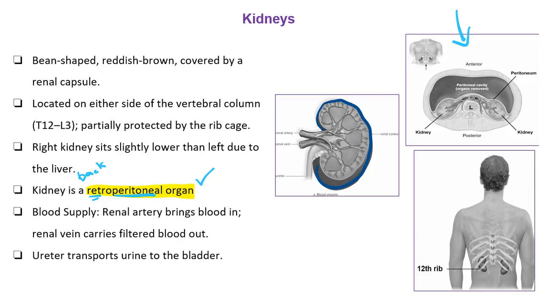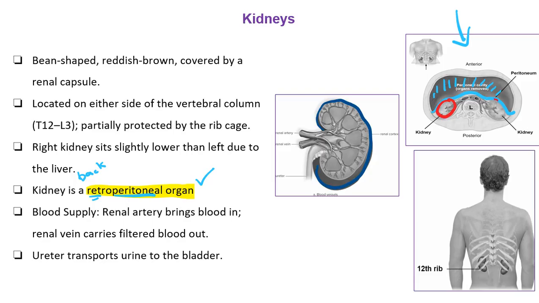Let's take a look at this cross section of our abdominal cavity. As you can see, this space is showing the peritoneal cavity, where the organs have been removed. And here you can see the parietal layer of the serous membrane. The kidneys are found just behind the peritoneum.